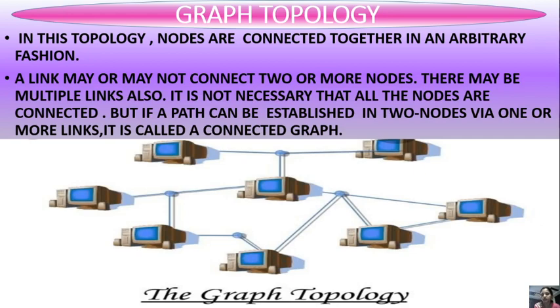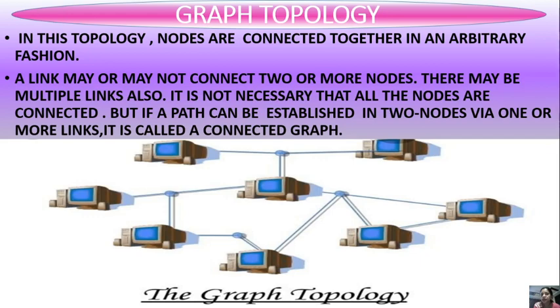A link may or may not connect two or more nodes. A link or a cable may or may not connect two or more nodes. There may be multiple links also. That's why it is arbitrary.